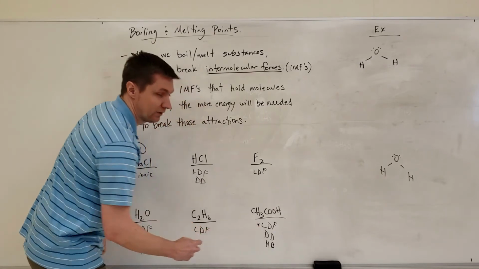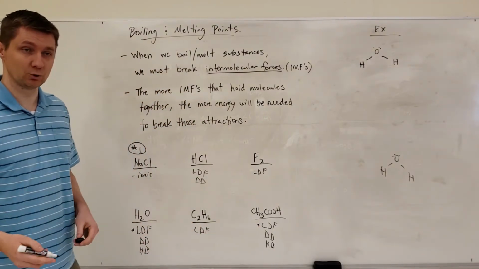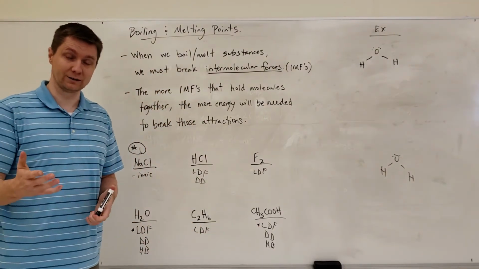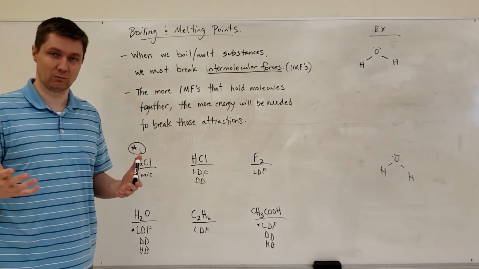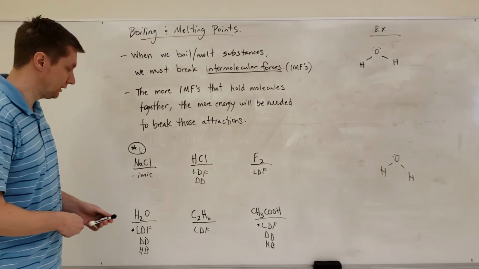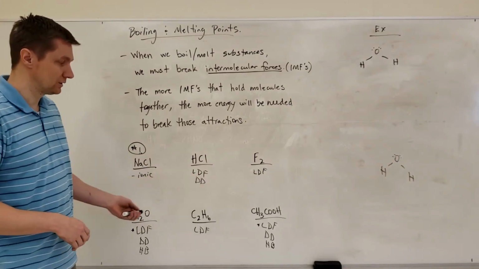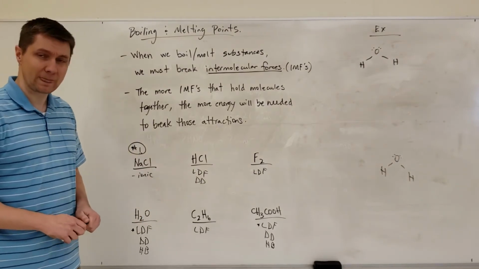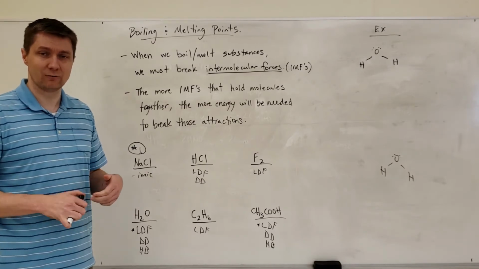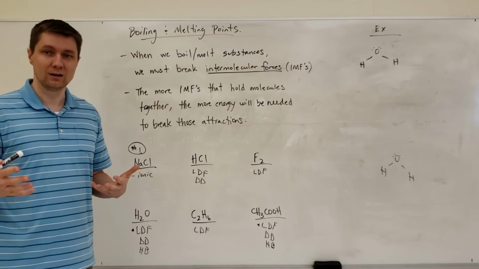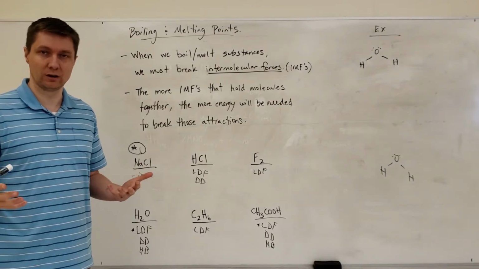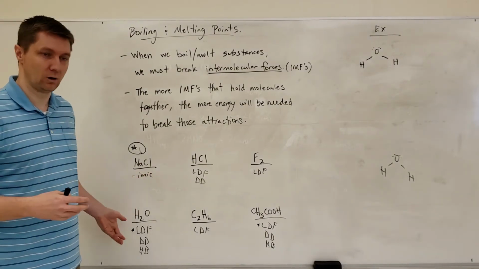If you remember from the previous video, I said that London dispersion force strength varies by the total number of electrons a particular molecule will have. So if you look at each one of these molecules, you can see clearly that acetic acid is going to have way more electrons than water is. And so we would expect acetic acid's melting and boiling point to be higher than water.